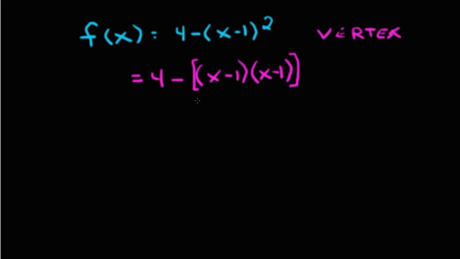And then we can do our FOIL. So we say 4 minus x squared minus x, so that's minus 2x, plus 1.